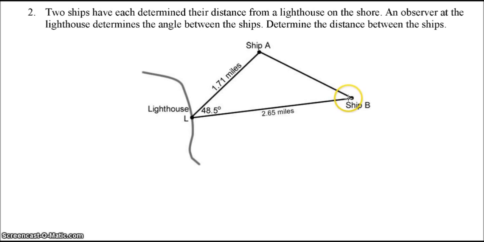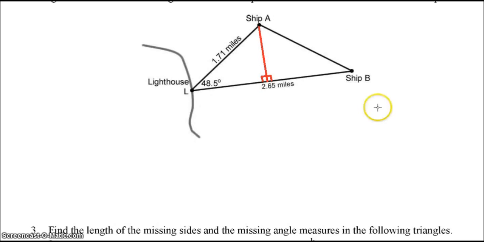I think we could probably use either this configuration or this one. It does break up one of our known sides, but we have another side that we know. I'm going to try this. So there are my two right triangles.